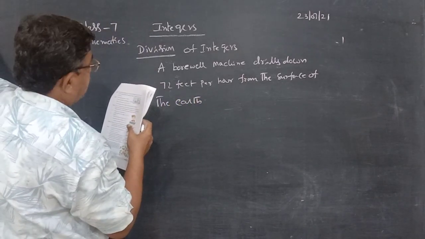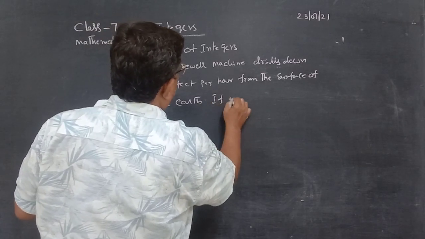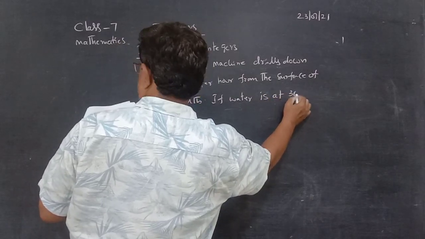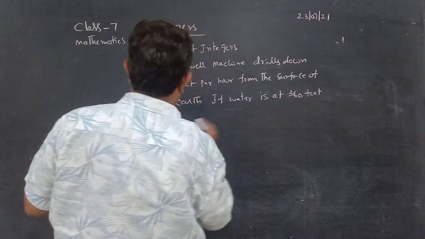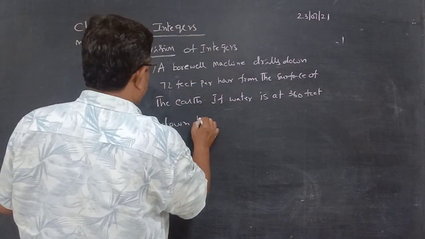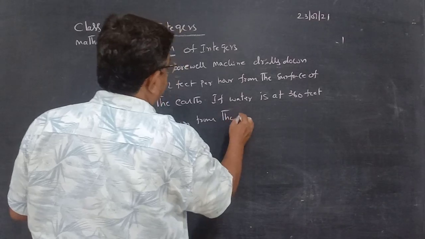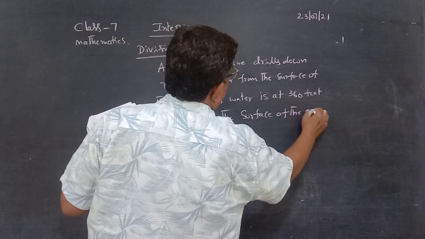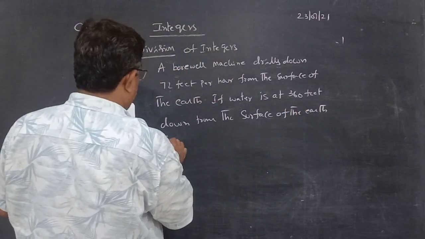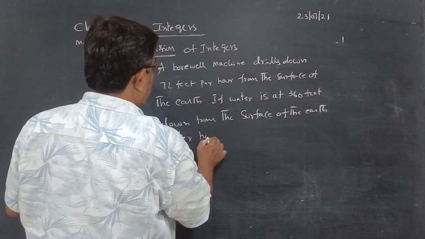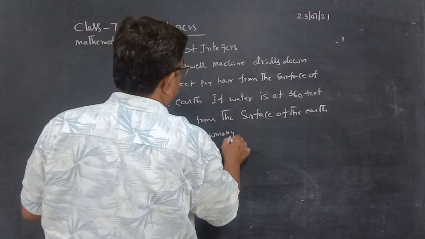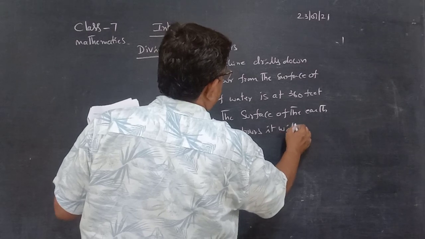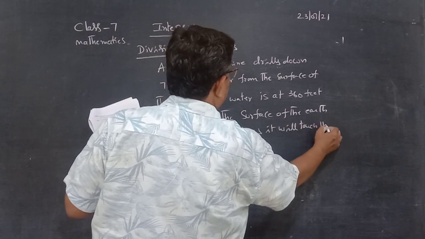If water is at 360 feet down from the surface of the earth, after how many hours will it touch the water layer?